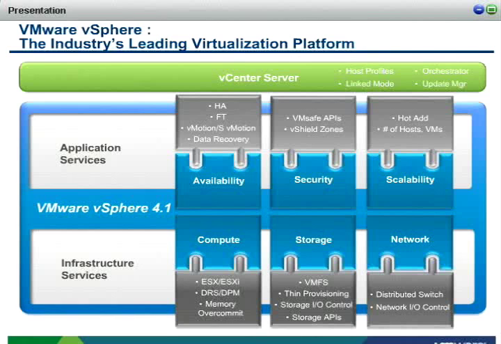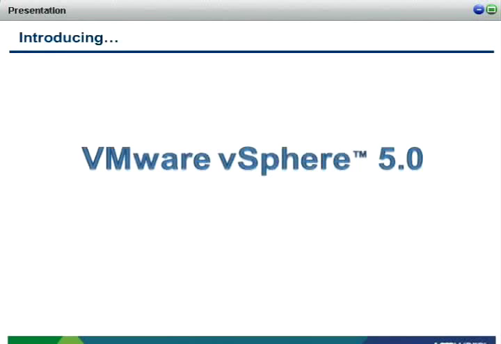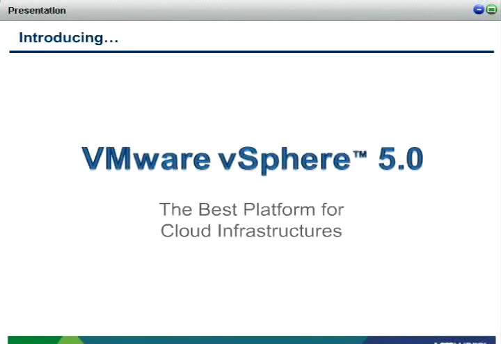But with vSphere 5, we again wanted to push forward in terms of what we're able to offer. As you look at vSphere 5, we are obviously bringing to market this next generation of our vSphere technology, and we really think, again, this is the best platform to build cloud infrastructures of any type. This will continue to be something that we'll talk about for a long period of time.